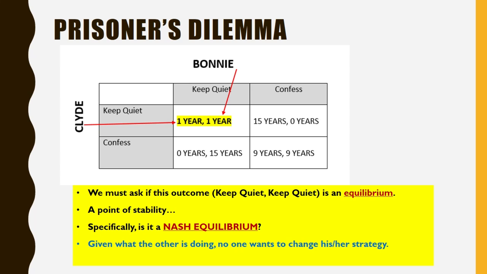And if Bonnie keeps quiet, Clyde does not want to change his strategy. That's what's required for this to be a Nash equilibrium. In other words, nobody wants to change their mind given what the other is doing. Okay? So we're going to take a look at this and see if this outcome, keep quiet, where they each get a year in jail, is an equilibrium.